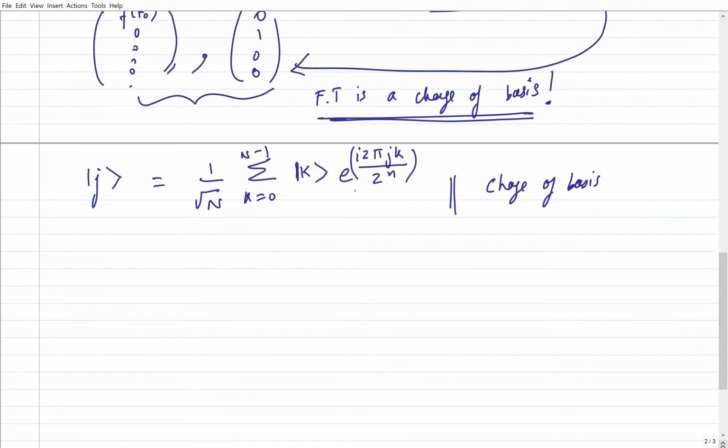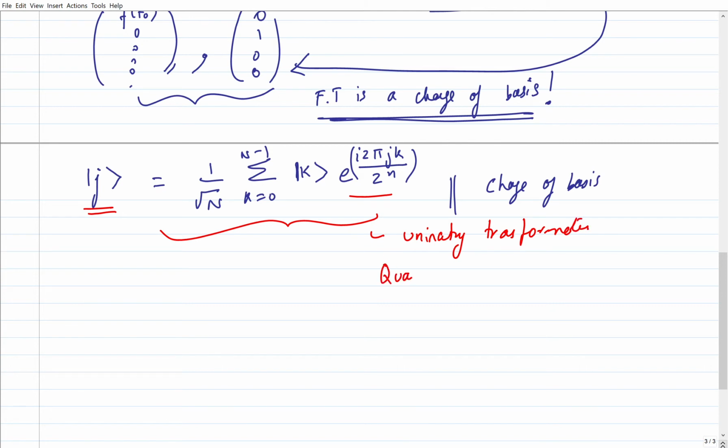Certainly this transformation, whatever we are doing over here, is a unitary transformation, multiplying these by a unitary matrix. Or in other words, this is the quantum Fourier transform, where now my vectors on which I was applying the change of basis are quantum states in the Hilbert space.